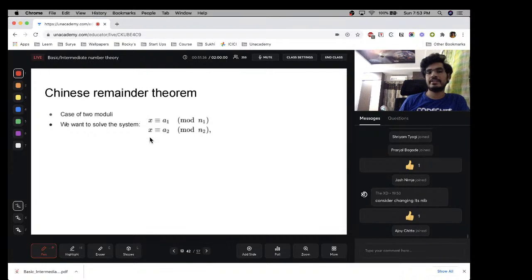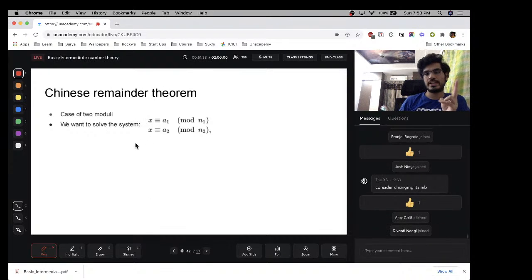Let us try to find it in the case of two integers. Let's say k equal to 2, let's solve it for k equal to 2. x equal to a1 mod n1, x equal to a2 mod n2.